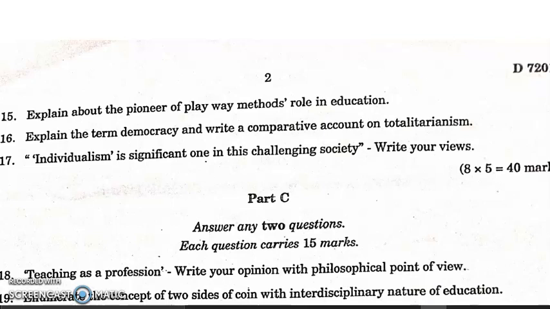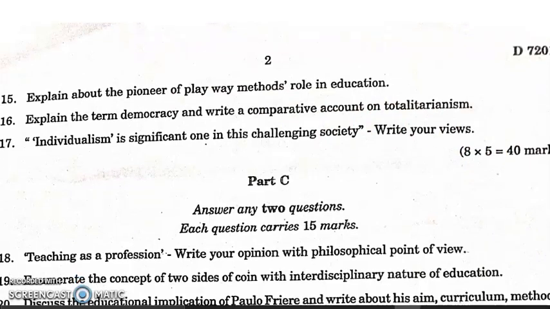And the last question in section B is individualism is significant in this challenging society, write your views. It's an open-ended question. If you are not well aware of such kinds of questions, better leave them.